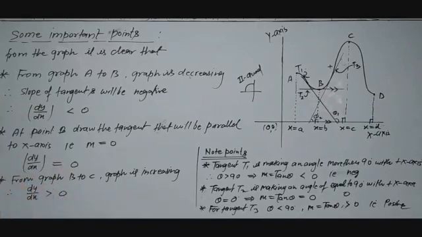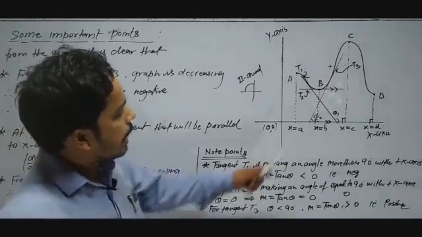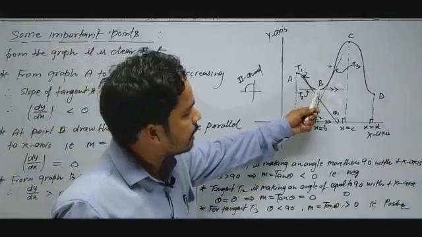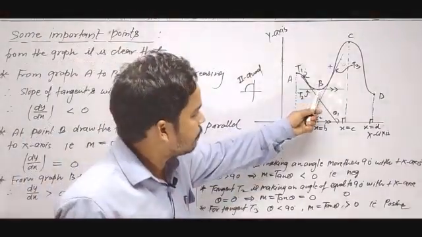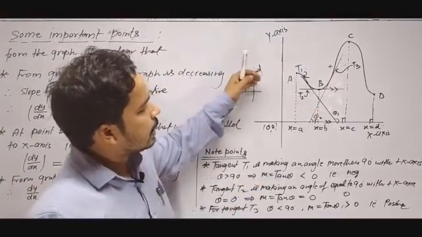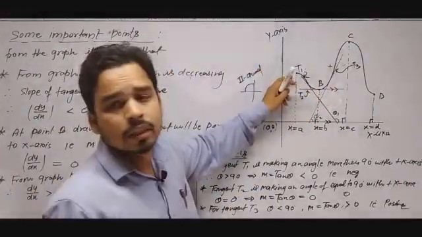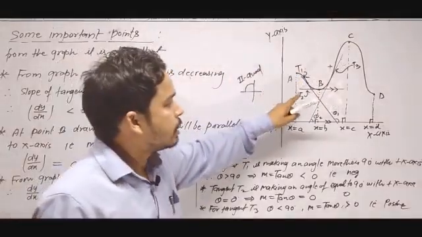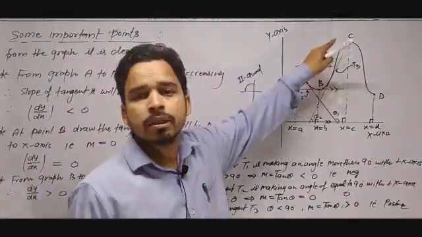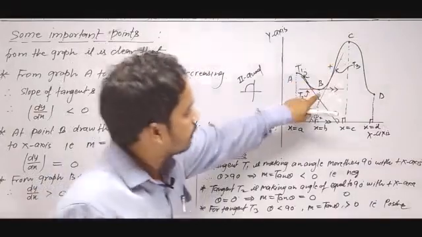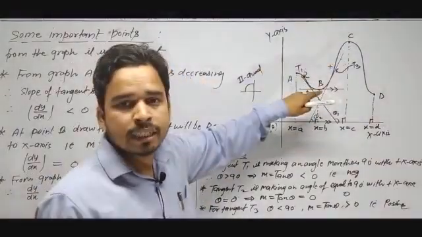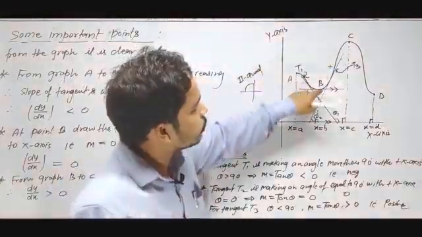Now you can say from the graph, at point B or at a minimum point, the slope of the tangent is changing from negative to positive.